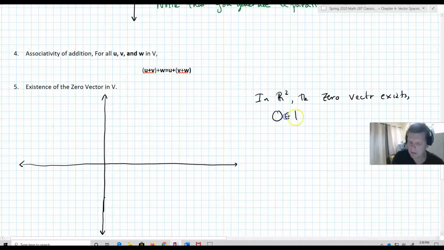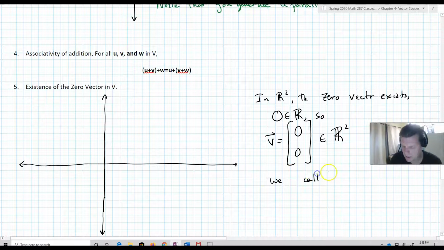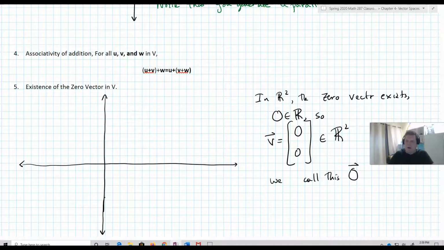So 0 belongs to the reals, and we'll call it V equal to (0, 0), which belongs to R2. We call this the zero vector. We put 0 with a little vector line over it, versus calling it 0 or talking about the zero matrix.